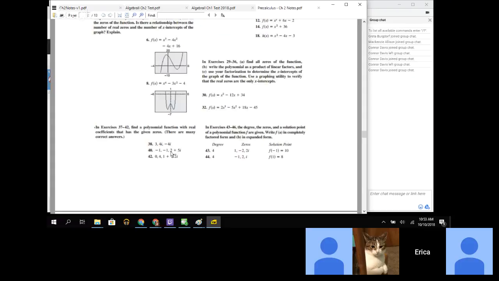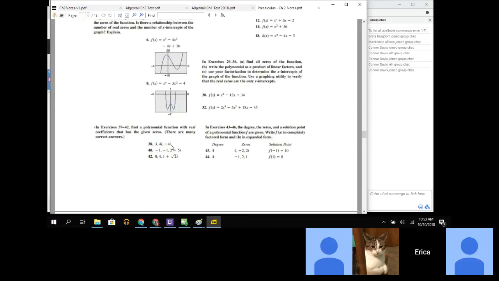So, before we found, in this problem, 3 over 2 and plus or minus 2i. They give you basically the factors, 3, 4i, and negative 4i. So if you were to write a polynomial with this, it would be x minus 3, x minus 4i, and x plus 4i all multiplied together. That would be your polynomial.